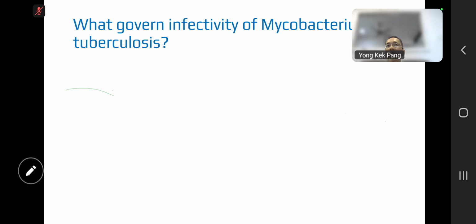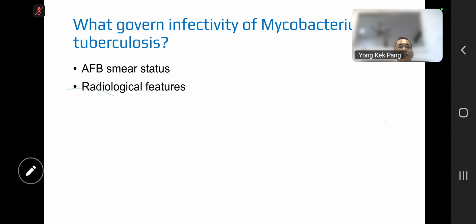Next question we'd like to explore for primary TB: what governs the infectivity of Mycobacterium tuberculosis? One, of course, is the AFB smear status. The more bacilli that you see in the sputum smear, the more infectious it is. Two is the radiological features. Usually those with multiple cavities are more infectious.